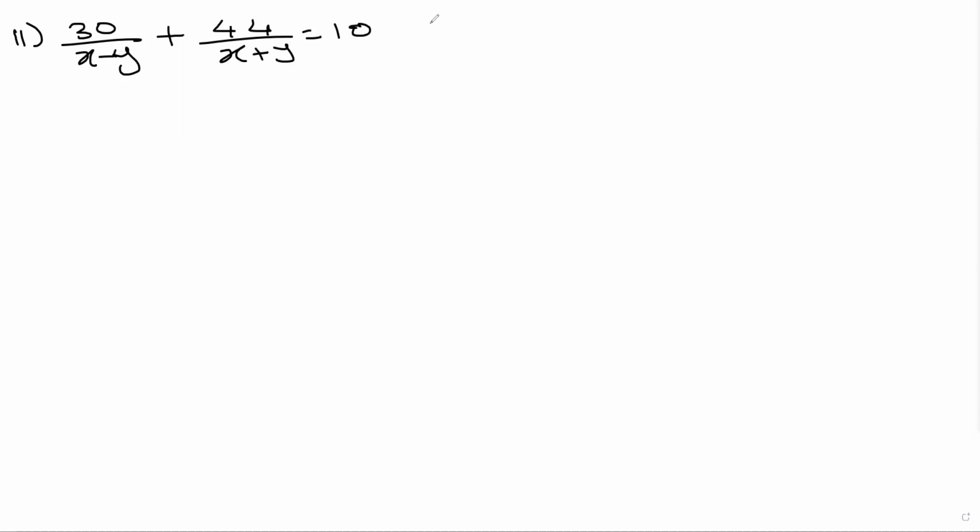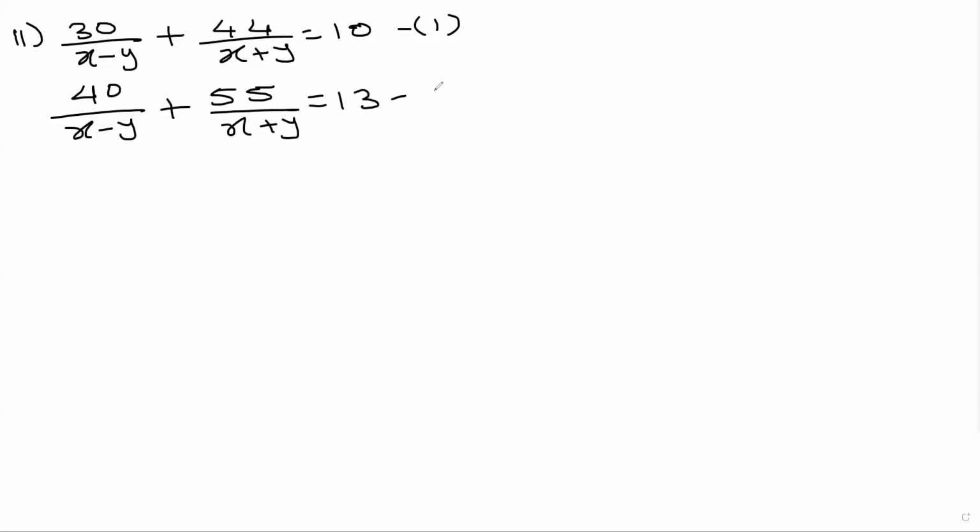So this is the first equation. And the second one is 40 upon x minus y. I'll just correct this, this is x minus y. Further, we have plus 55 upon x plus y is equal to 13.